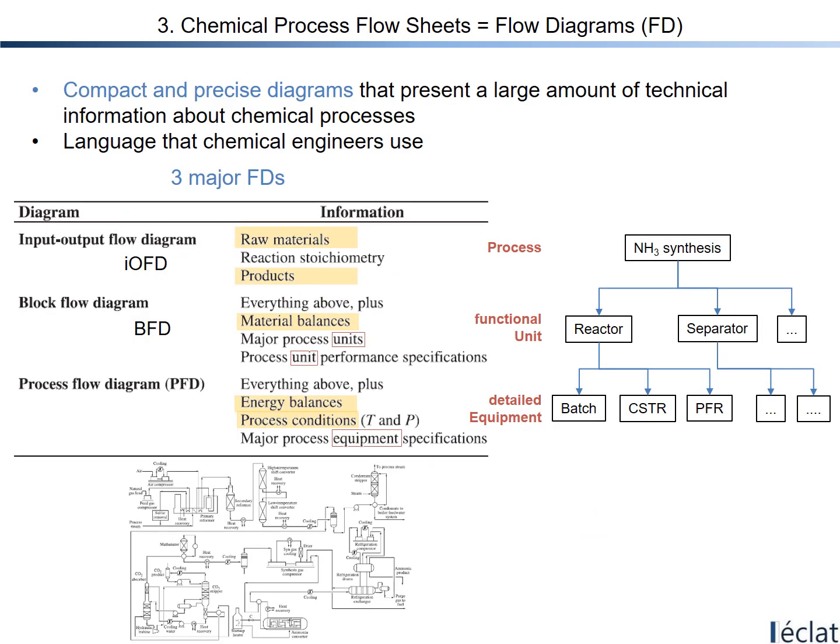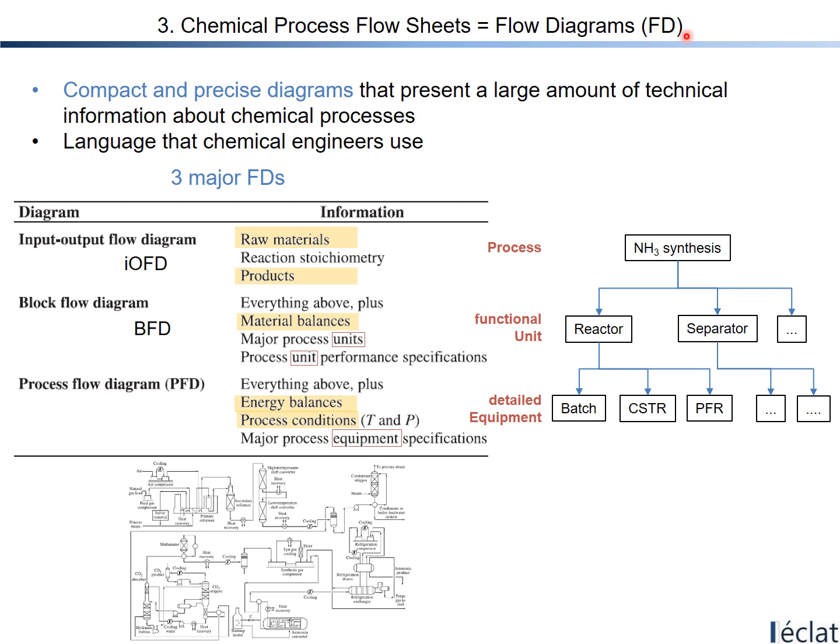So until now, in subchapter number 2, you have learned about the process variables, and it's time to go to the flow diagrams to describe the processes. Okay, here is subchapter 3 of chapter 2, chemical process flow sheets, or equivalently flow diagrams, shortly FD.